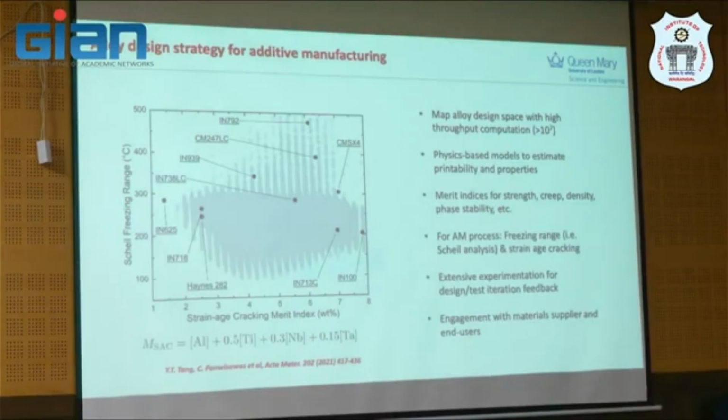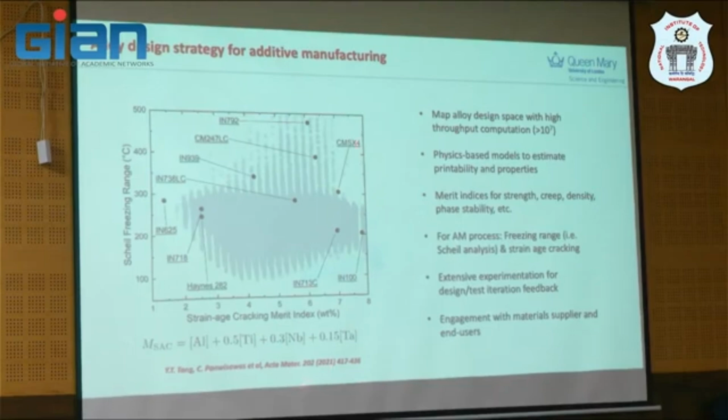So this is an example of computational modeling in additive manufacturing. We can use a material design algorithm to rank or screen out the compositions. Let's say in this case it's nickel-based superalloy, published in Acta Materialia in 2021.